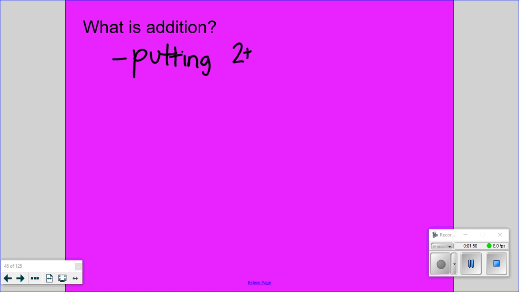We're just doing 2 as an example. Putting 2 plus numbers together. I'm going to change that ending a little bit.